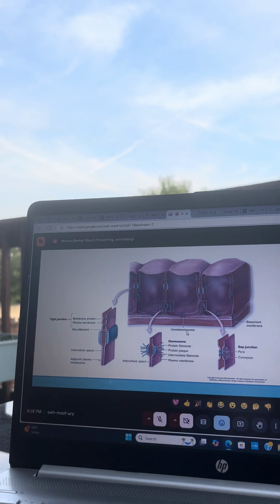That is a tight junction. Desmosome is you have a protein plaque. It's like here, both sides there is a plaque, and in there are kind of chains going across from one plaque to the other. So keeping the two cells close together. That is desmosome.